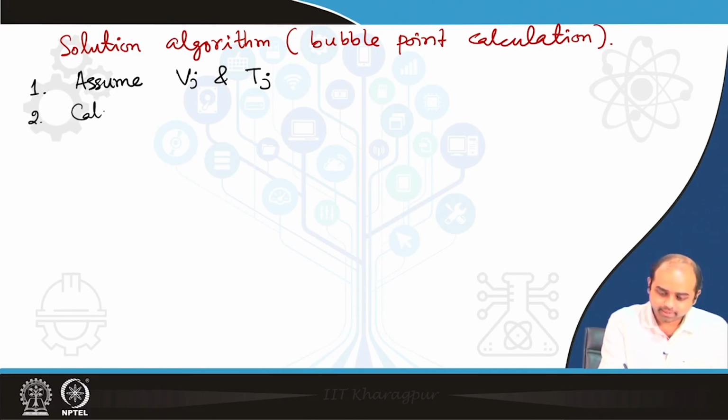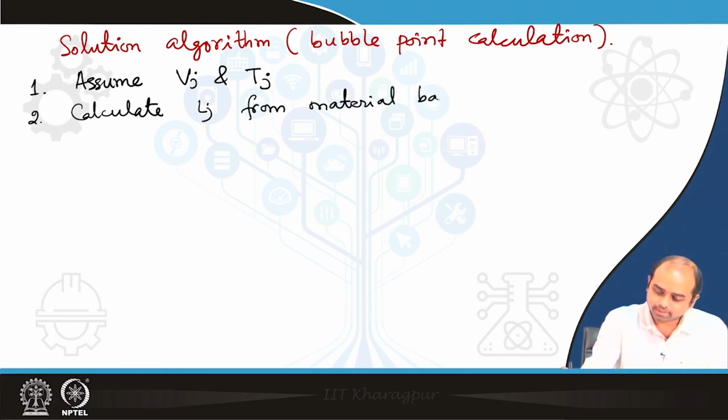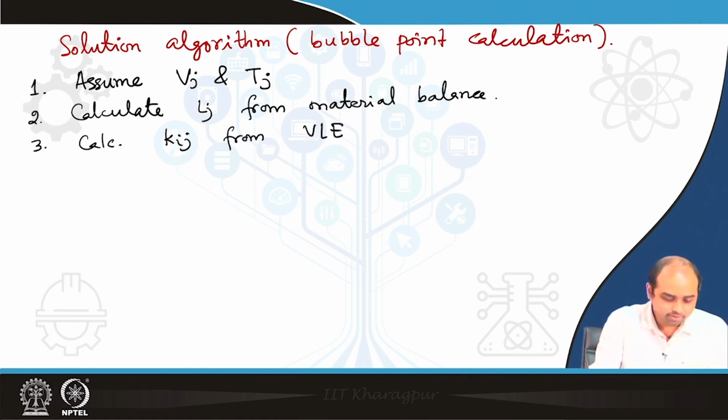The next step is to calculate Lj from material balance. You can easily calculate that for each stage from the material balance. Then calculate Kij from vapor liquid equilibrium.